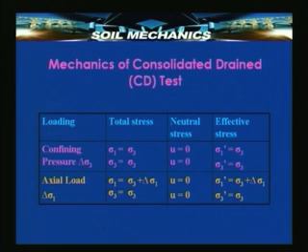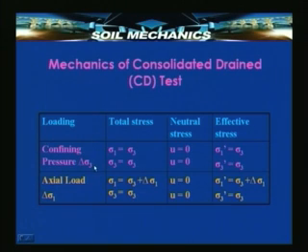So, let us take a look at the mechanics of the first type of test, that is the consolidated drained or CD test. Of course, we had seen it last time also, but let us quickly recapitulate. There are two stages of loading as we had seen last time, and the stresses vary throughout the test as shown in this table. First stage of loading involves application of the confining pressure sigma 3.